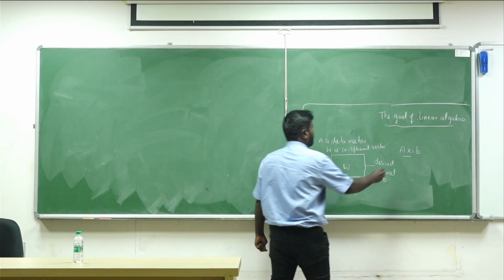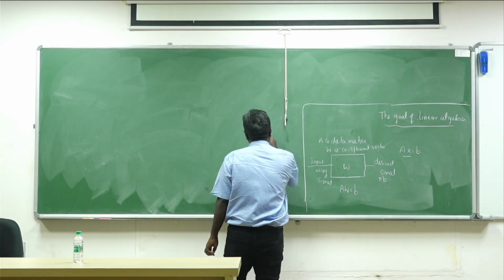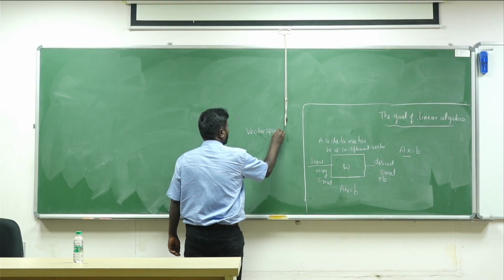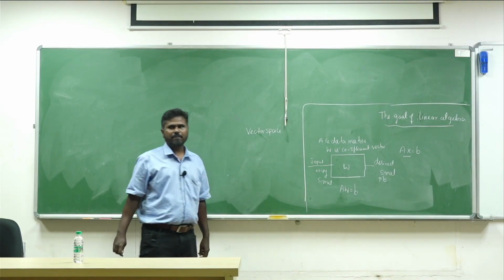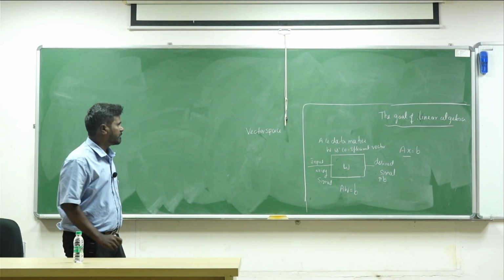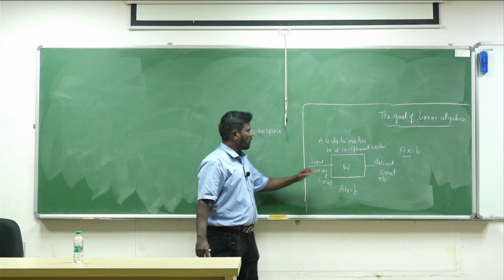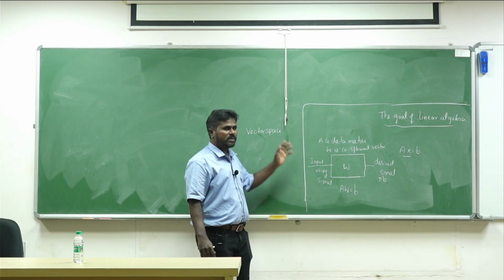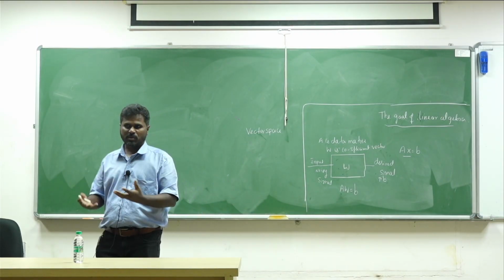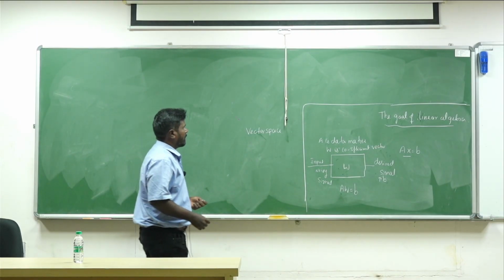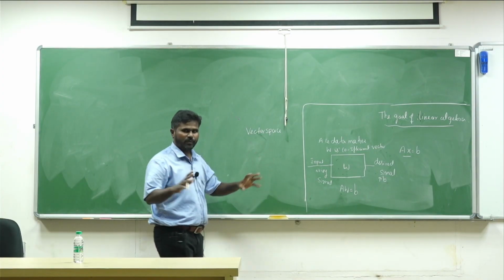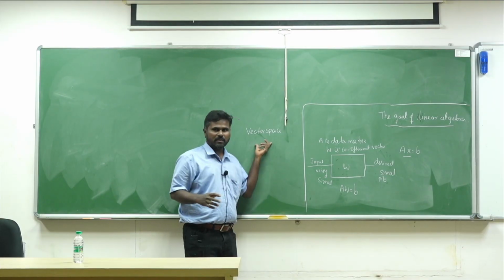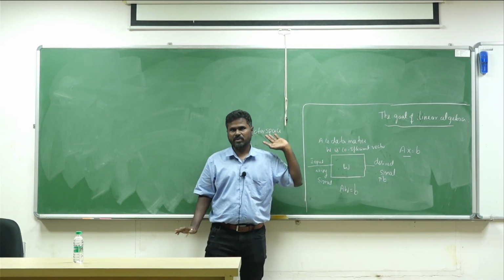Now first, we try to connect. You already studied the vector spaces. To solve this, we use the linear algebra concepts. Before that, let us connect the relation between the vector spaces and the system of equations.